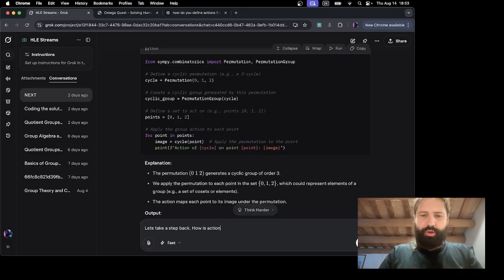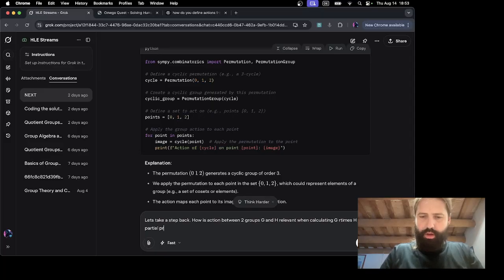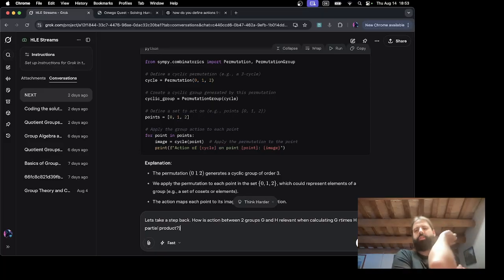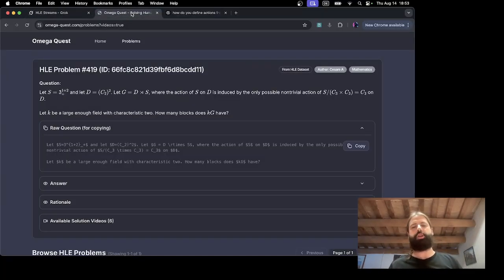How is action between two groups, G and H, relevant when calculating the semi-direct product? Maybe that's just something that you need to define, essentially. I mean, it's not a property, it's just part of the semi-direct product operation. You need to define an action.